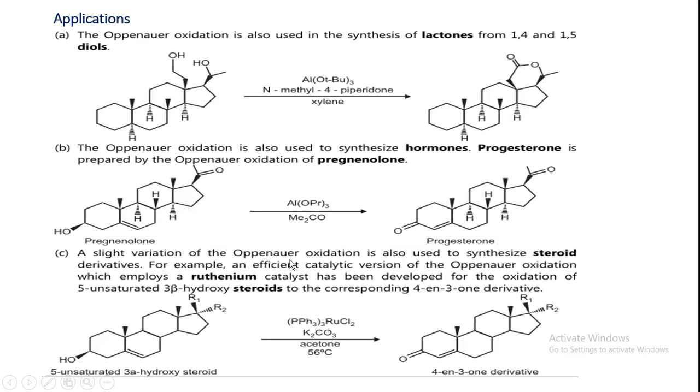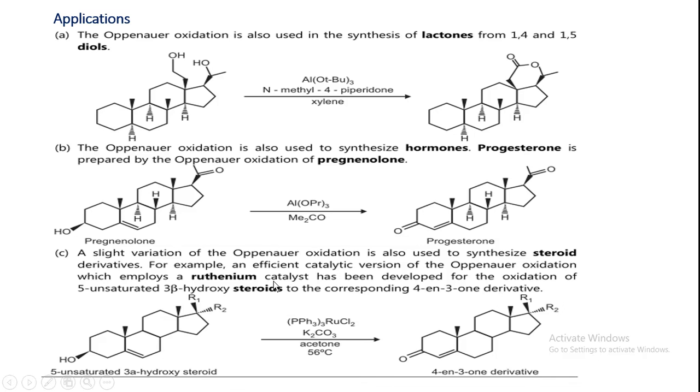Next is a slight variation. A slight variation is made in the Oppenauer oxidation reaction to synthesize steroid derivatives. For example, an efficient catalytic version of the Oppenauer oxidation which employs a ruthenium catalyst, ruthenium chloride, has been developed for the oxidation of 5-unsaturated 3-beta-hydroxysteroids to the corresponding 4-en-3-one derivatives.